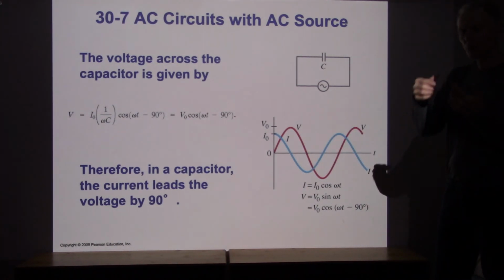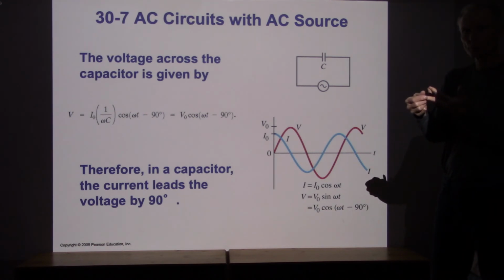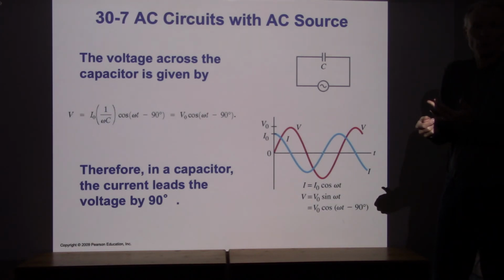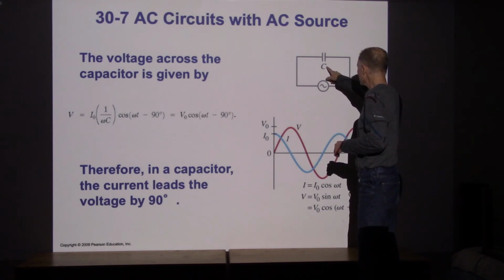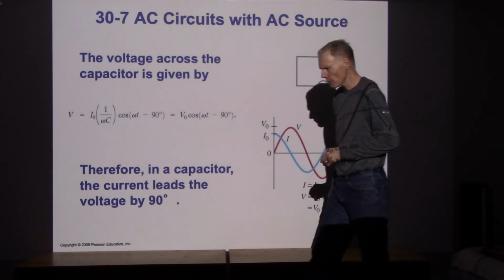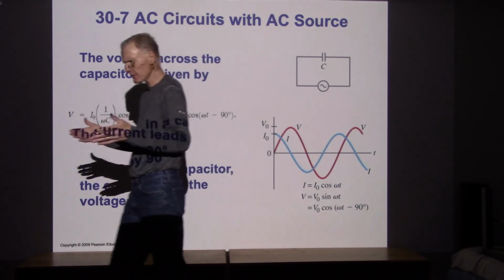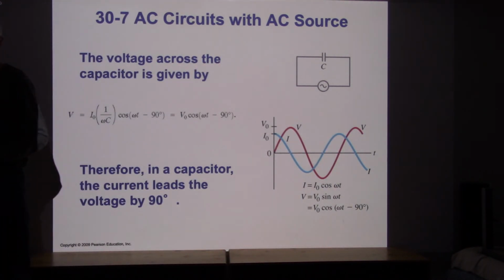So what we found so far is, sure, resistors have resistance. We learned that inductors in AC-driven circuits have resistance. Now what we're going to find out is capacitors have resistance too. And a capacitor has more and more resistance as the capacitance gets smaller and smaller.